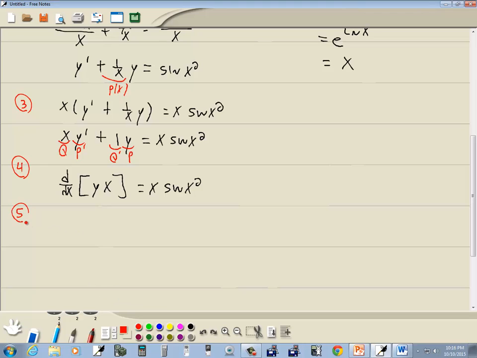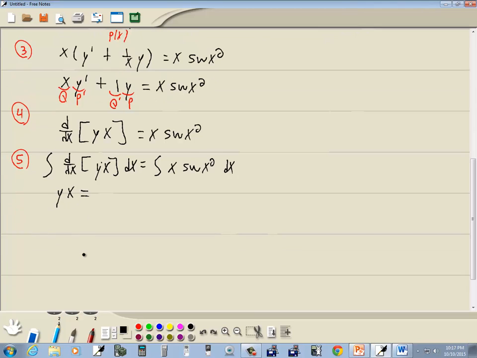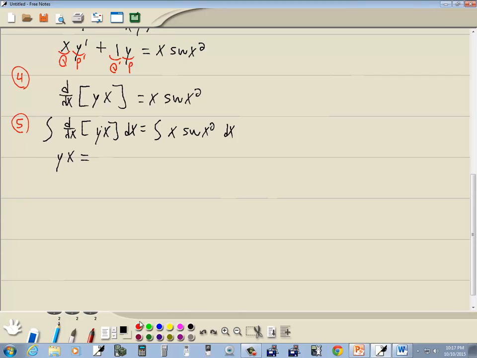Step 5. Take the integral of both sides. So I got the integral of this derivative and the integral of this. Over on the left side, those cancel and gives us yx. Over on the right side, this would be the u substitution. I let the x squared be u.